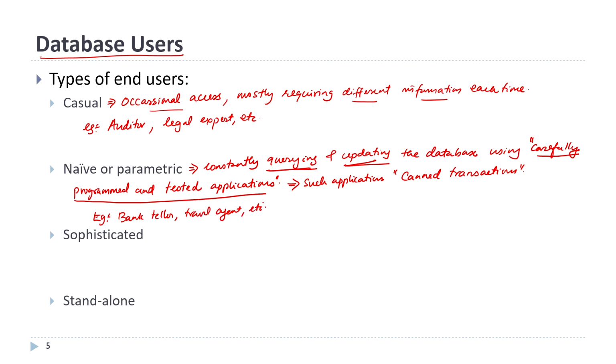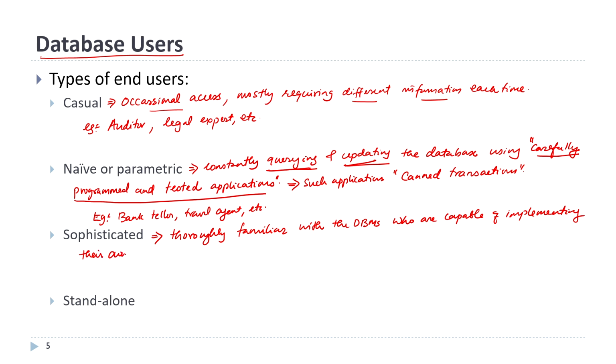etc. Then comes the third user, which is a sophisticated user, who is thoroughly familiar with the DBMS, the database management system, who is capable of implementing their own applications.